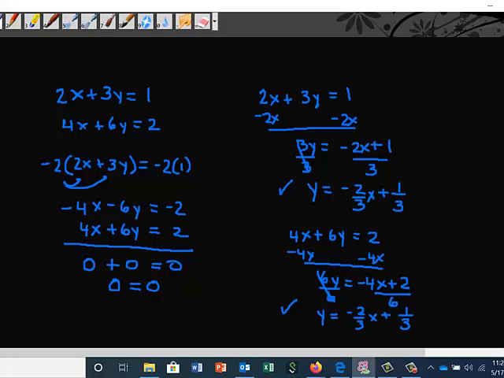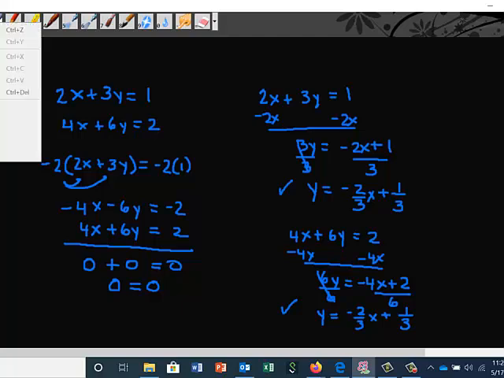Let's change boards here. And we said that this was y is equal to negative 2/3 x plus 1/3. So basically, this is just a sketch. Nothing exact in a sense. This is your x, your y-axis.